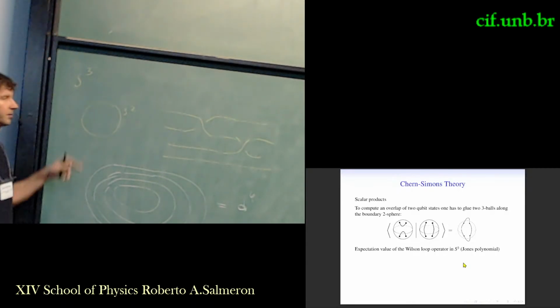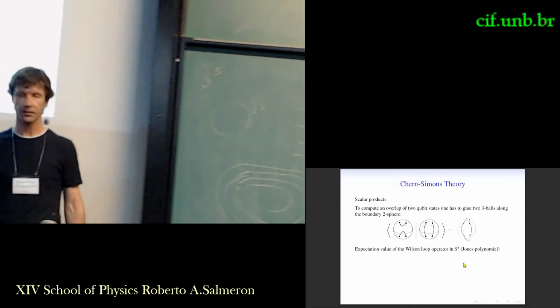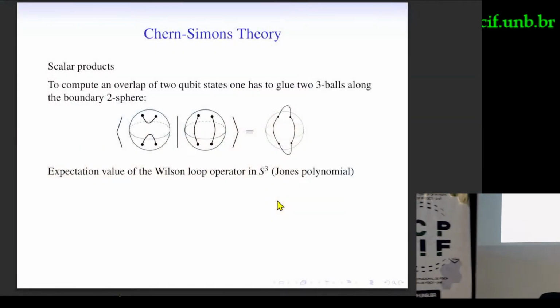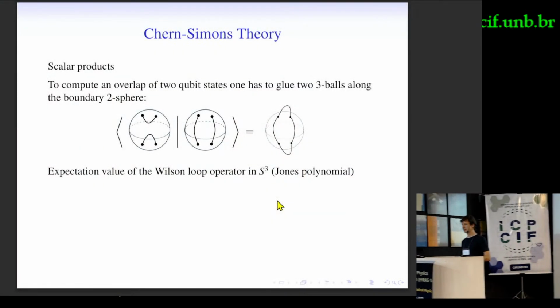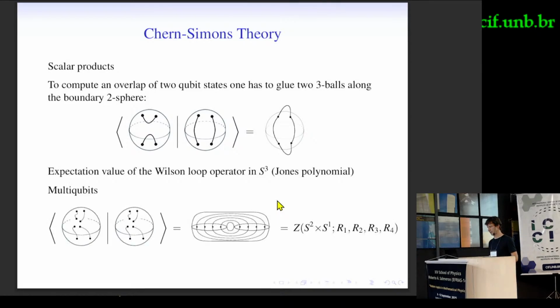So S3 basically consists of 2 3-balls glued together. So the scalar product will be a line, in this case just a trivial loop, but it can be something more complicated in S3. Then the overlap of the two states will be just a computation of the expectation value of the Wilson loop operator, or just the Jones polynomial in S3.